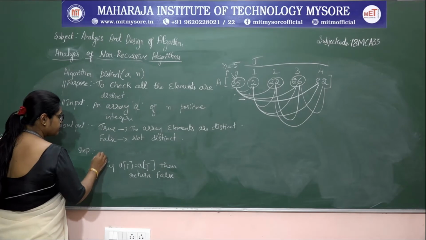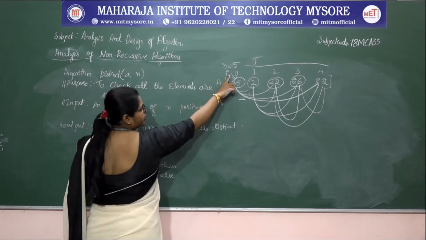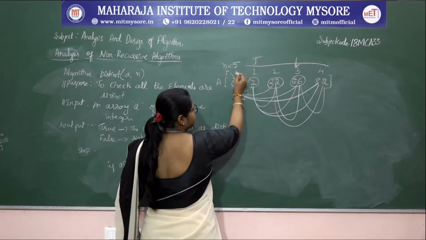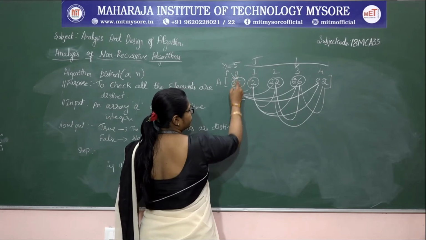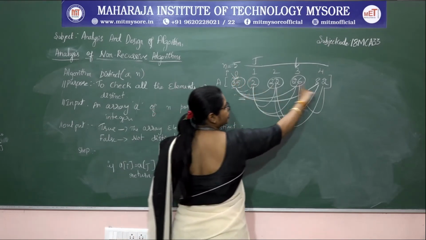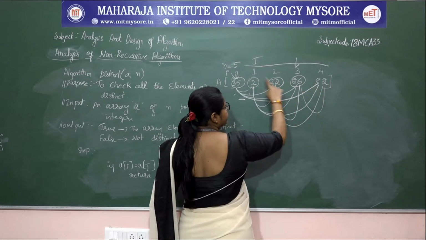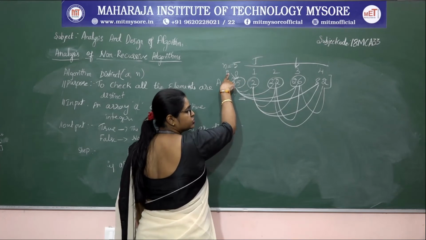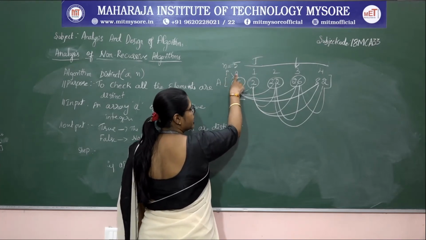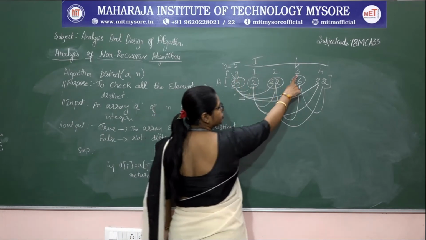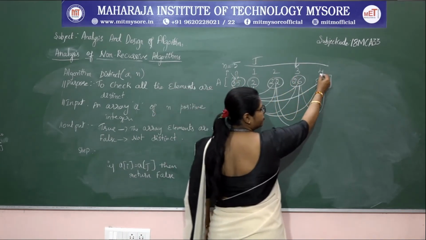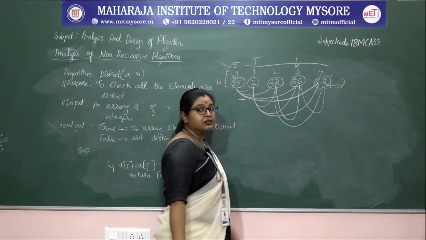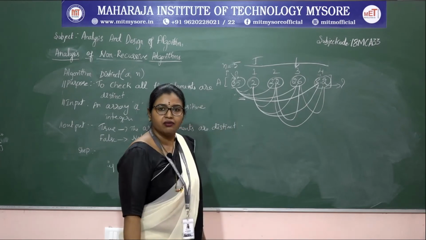So for how many times? I should run from 0 to this point. Why? Because this value is for the reference, and it should be compared with the remaining elements. For the remaining elements I use the index j, and for the reference I use the index I. If I goes to the last position, we don't have any other values to compare with.